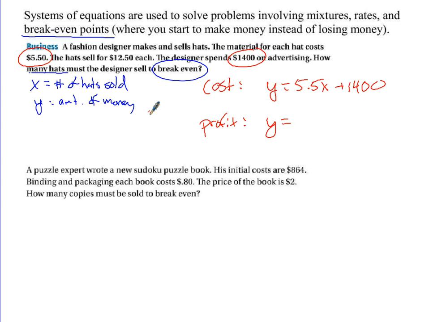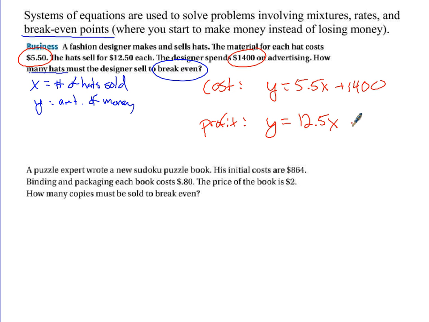The amount of money that I get from selling hats is equal to what? $12.50. So 12.5 times X, the number of hats that I sold. Is there any other way I'm making money here? No, people aren't giving me donations or anything, so that's it.